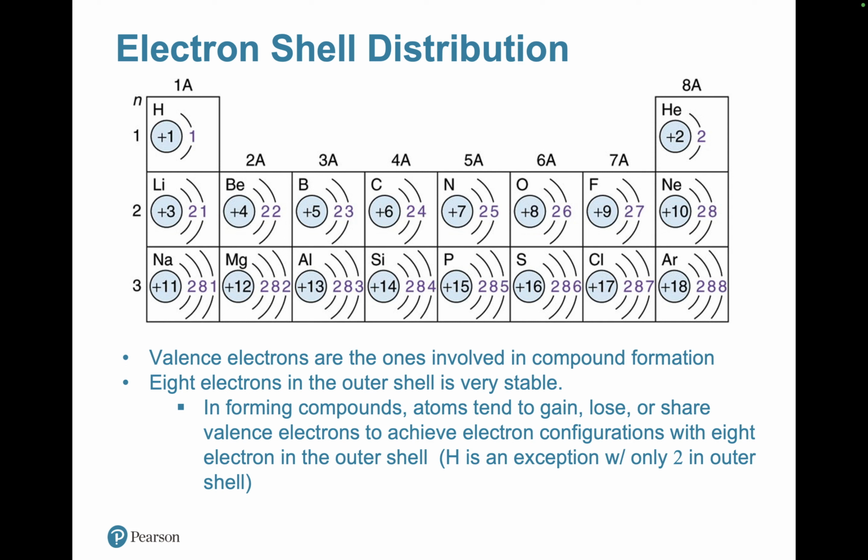So we'll take, for example, sodium right here that has 1 electron in its outer shell. It has 8 in the second shell. So if it gets rid of that 1 in its outer shell, then its new outer shell will have 8, right? And it can easily do this because it can get rid of this electron so easily and give it off to something over here, like something in group 7.